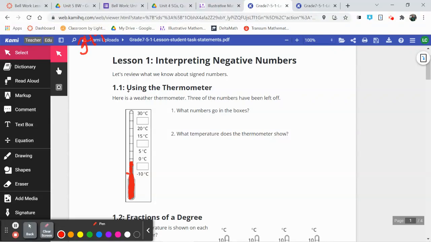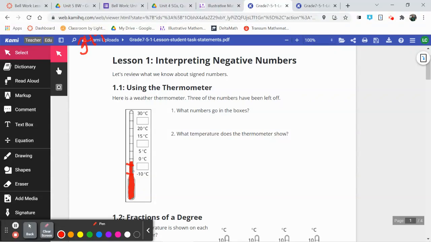So we need to know what these lines are. So we go to 0, and we notice they count up 5, then something, then 15, then 20, then something, then 30. And then they go down to a line, then -10. Looks to me like they're counting by 5s.